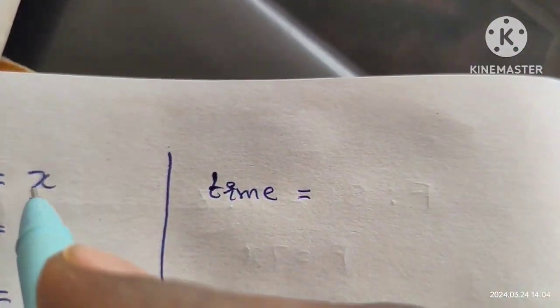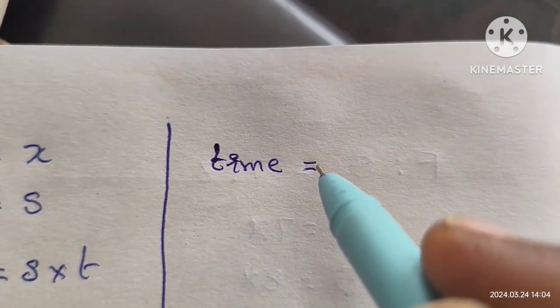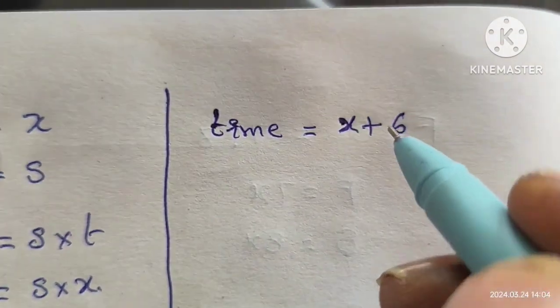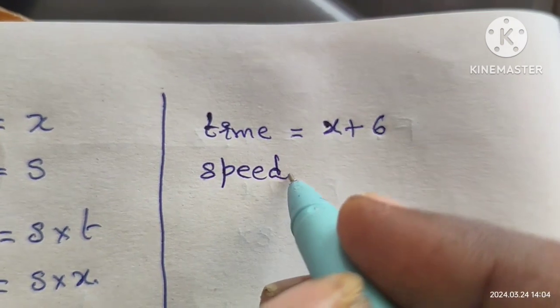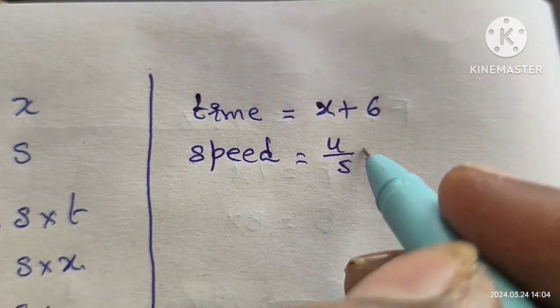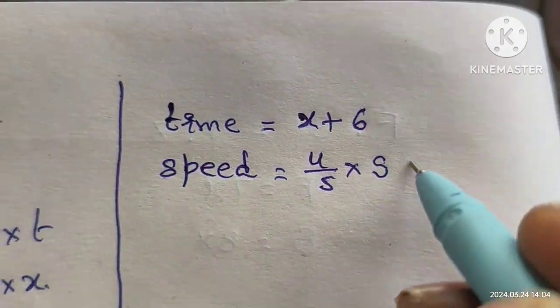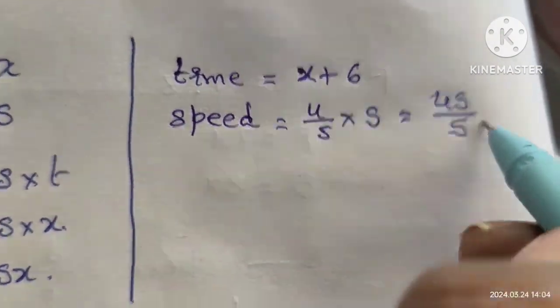In the same way here the actual time is x, so 6 minutes late means the time will be x plus 6. And in this time the speed is 4 by 5 of the actual speed, so 4 by 5 into actual speed, which is 4s by 5.